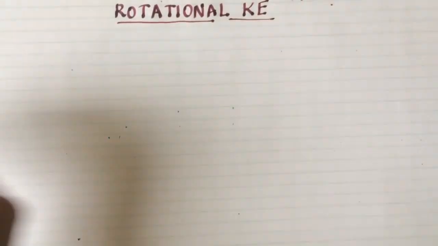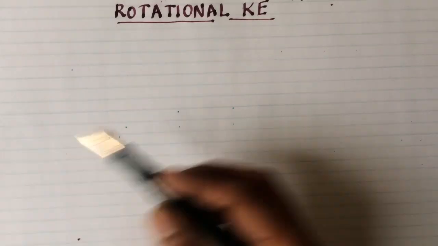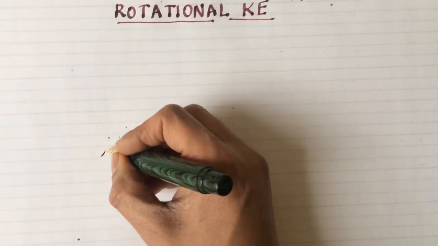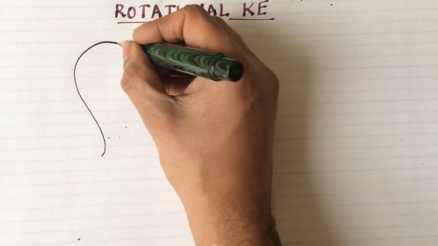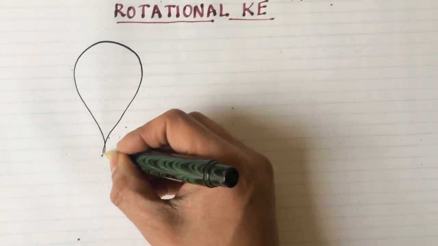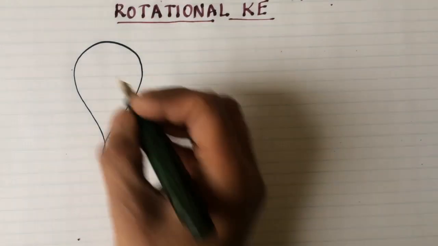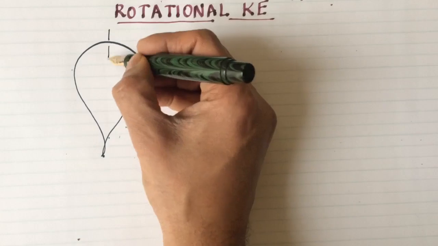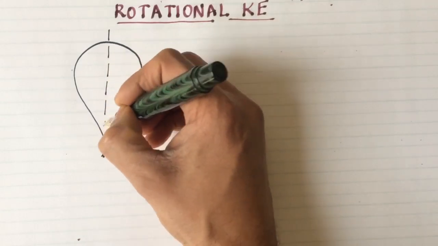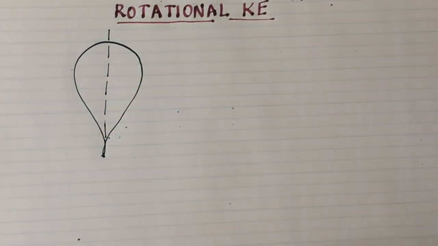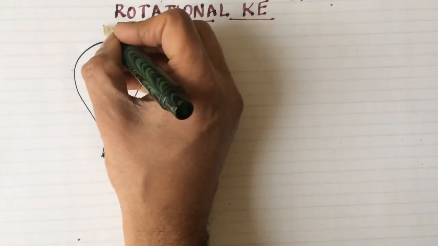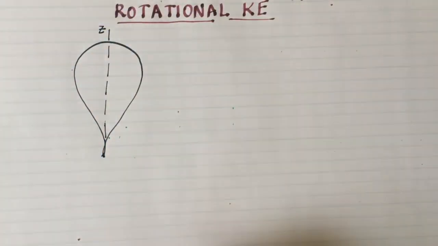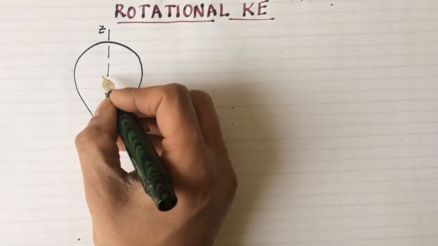So let me draw a representation of the top here. So it's some object that's rigid and it's rotating about an axis of rotation, which I'll indicate like that. And if you want to call it the z-axis, but it can be any axis.